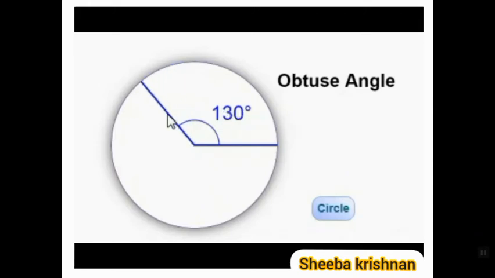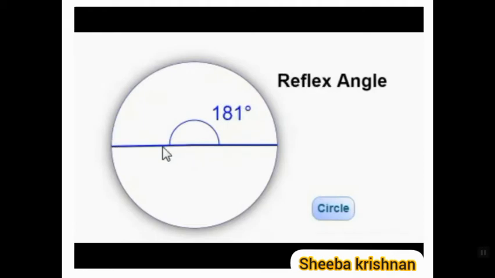From 90 to 180 degree, it is an obtuse angle. 180 degree is a straight angle. Then greater than 180 and less than 360, it is a reflex angle. These are reflex angles. 360.